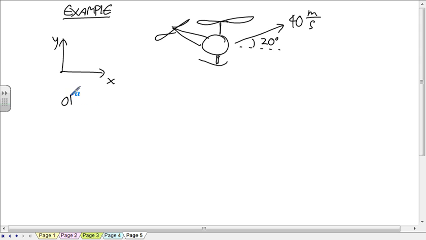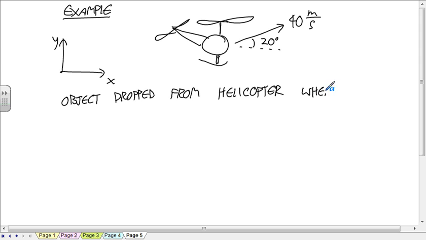And an object is dropped from the helicopter when the helicopter reaches a height of 45 meters.